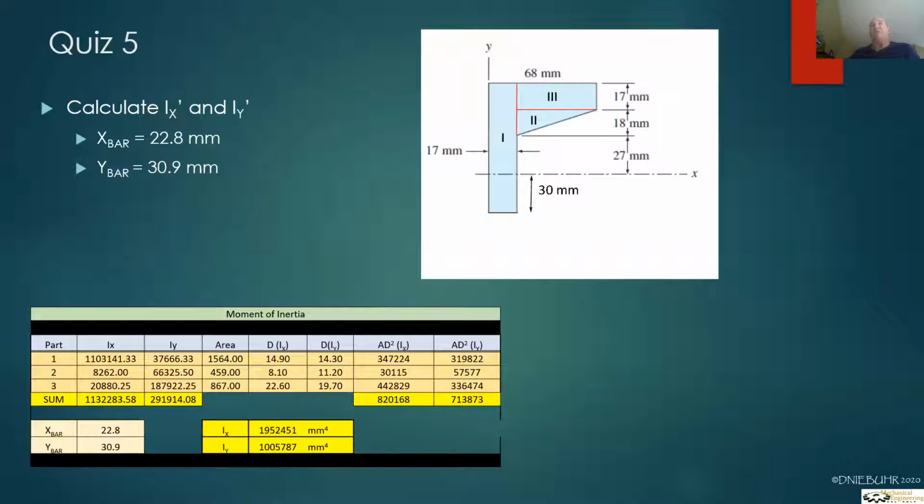There's a high probability that you will have a moment of inertia centroid problem on the final. If you can master the concepts, then you'll be that far ahead. The geometry won't be any more complicated than something like this. Maybe we'll add a half circle or something, but it won't be anything super tricky. So any questions?